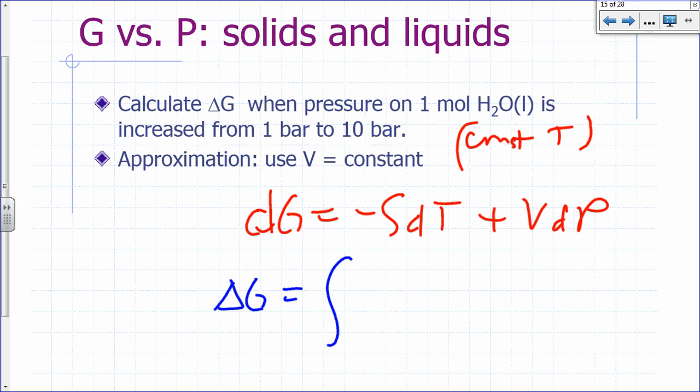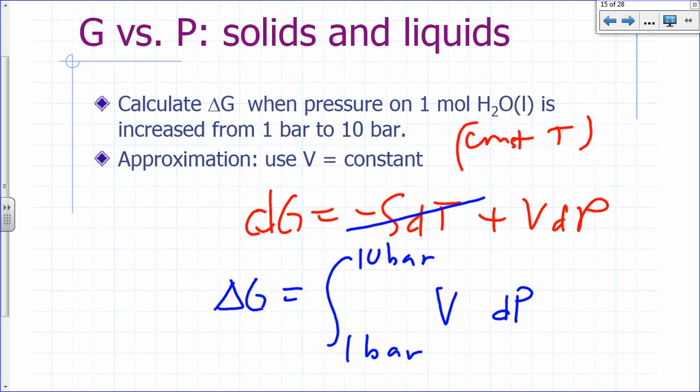Integral of what? What am I changing? Well, the temperature is constant, so you drop out the negative S dT. So the integral from 1 bar to 10 bar of, and what are we changing? dP, so V dP.